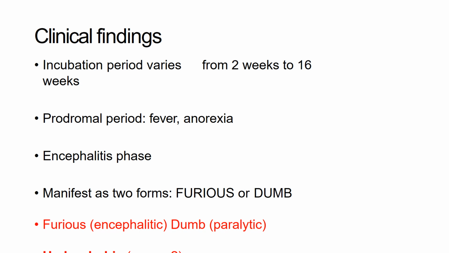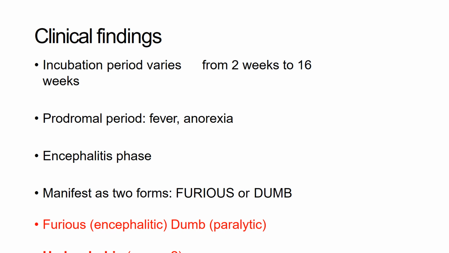Now we'll be talking about the clinical findings of the rabies virus infection. The incubation period varies from 2 weeks to 16 weeks, and I was just reading an article last week. It even showed that the incubation period of this virus can also last up to 1 year. So the initial phase, the prodromal phase, is basically comprised of fever and anorexia. It can even show as flu-like symptoms.